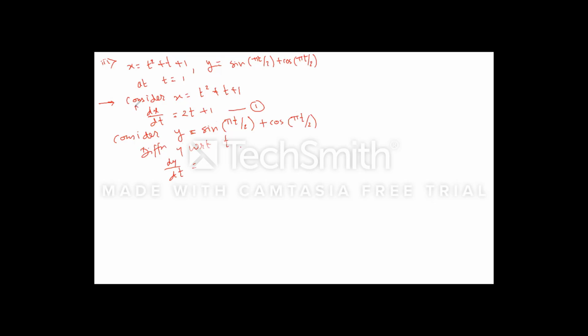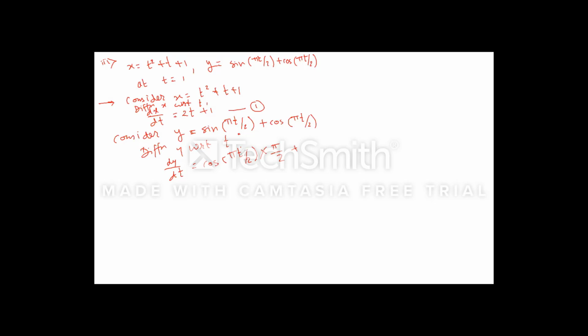Here we have differentiated x with respect to t. Okay. Here we are going to differentiate y with respect to t. So the derivative of sine becomes cos pi t upon 2, and we also have to take the derivative of the inner function, the derivative of pi t upon 2, that becomes pi by 2.